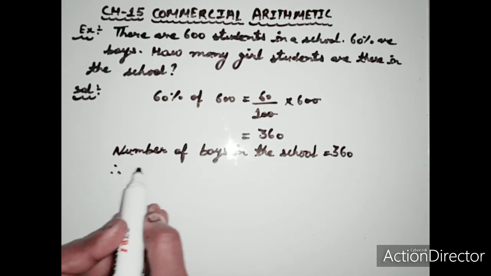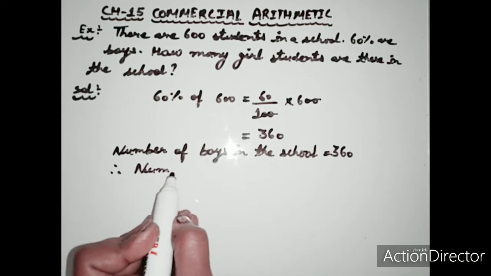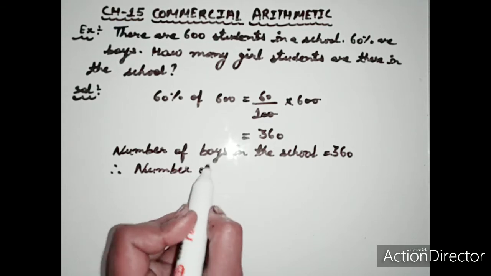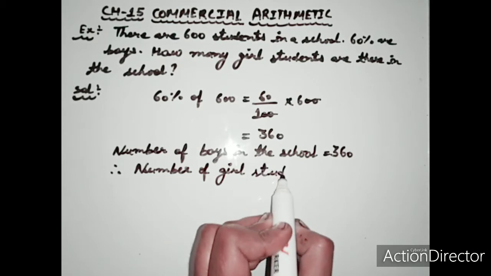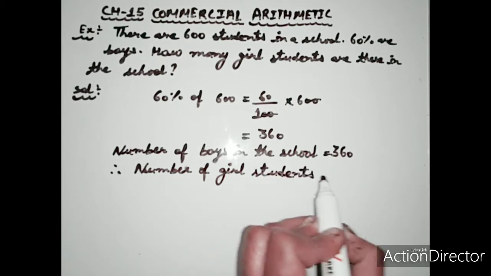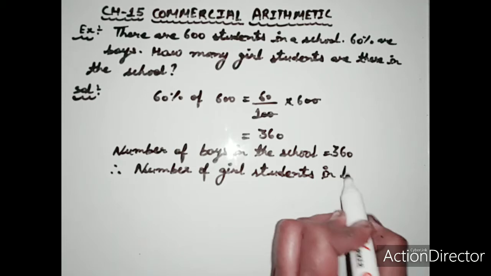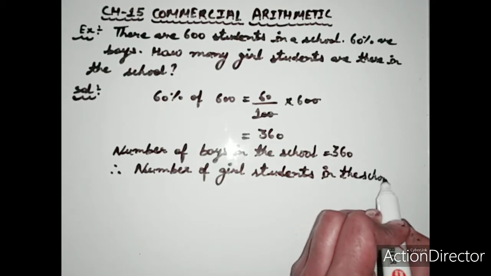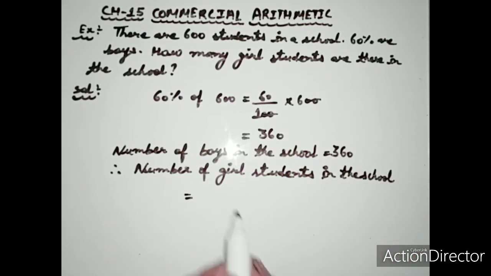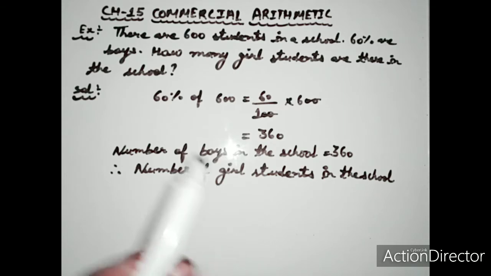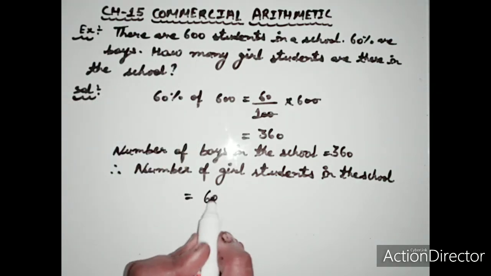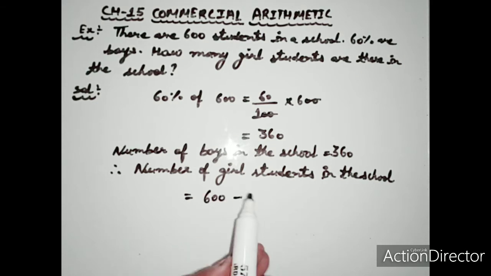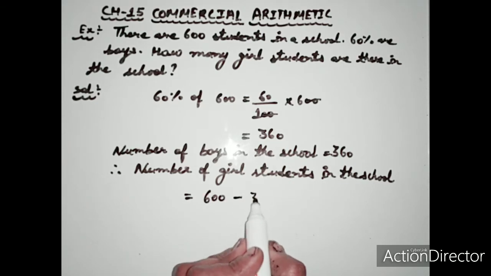Now number of girl students in the school equal to, so here total number of students 600 and total number of boys 360.